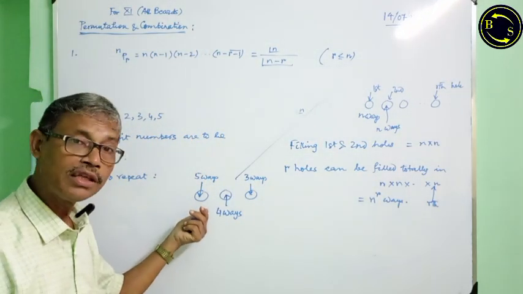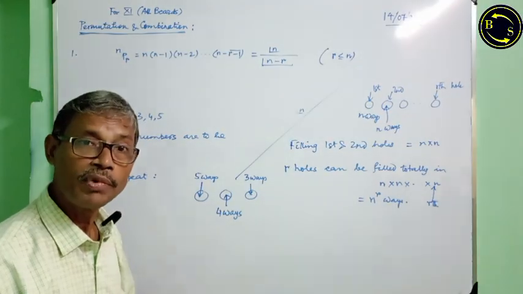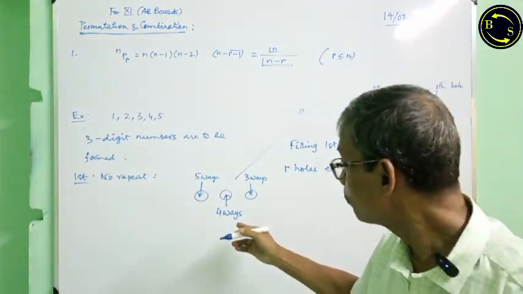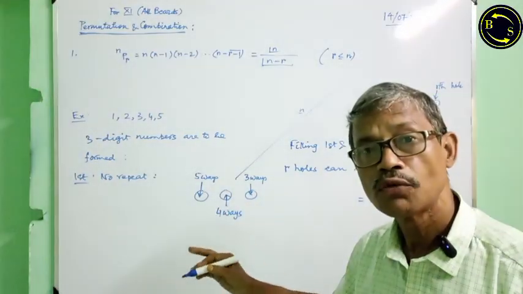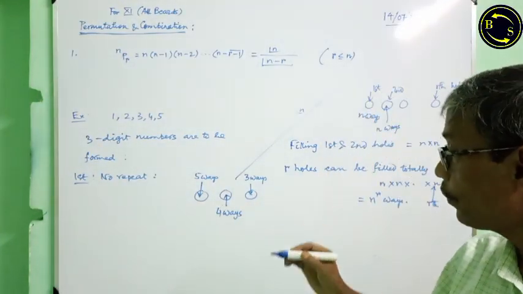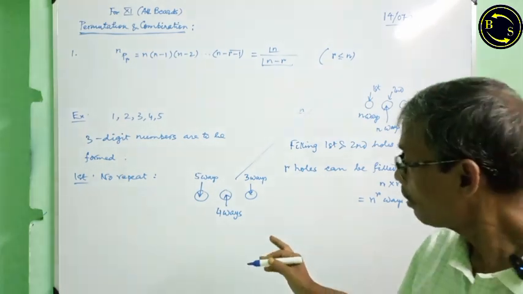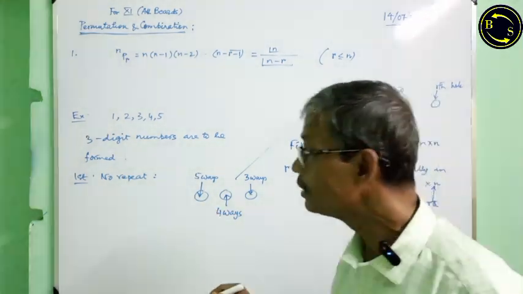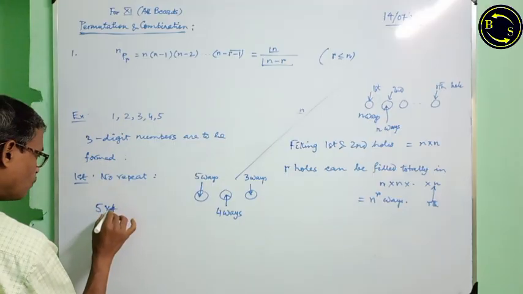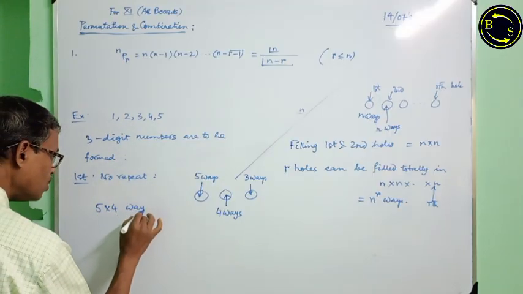Therefore, filling the first place in 5 ways and second place in 4 ways, total number of filling will be 5 into 4 ways.